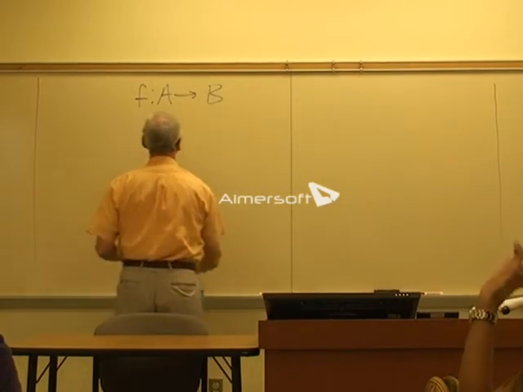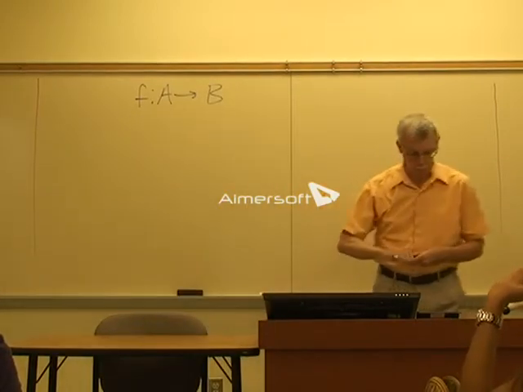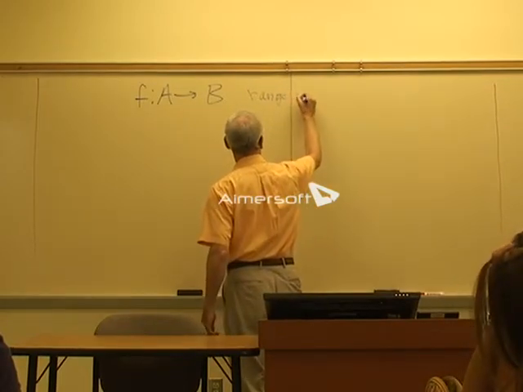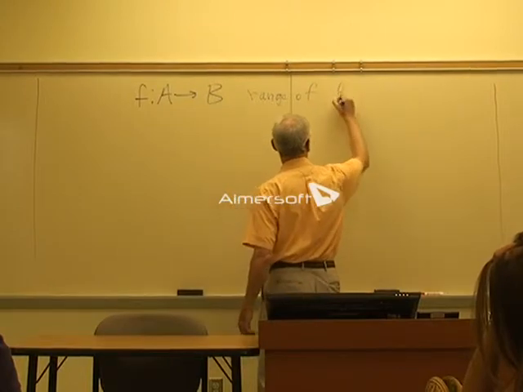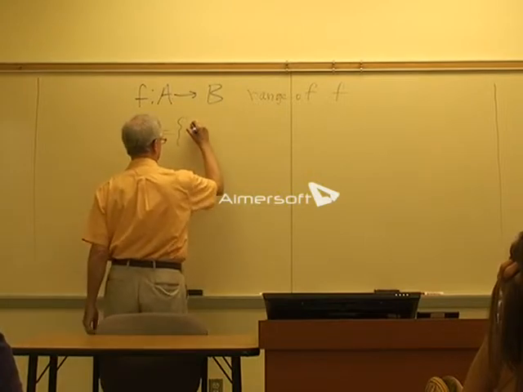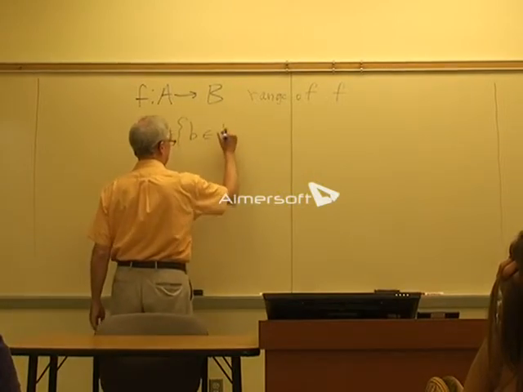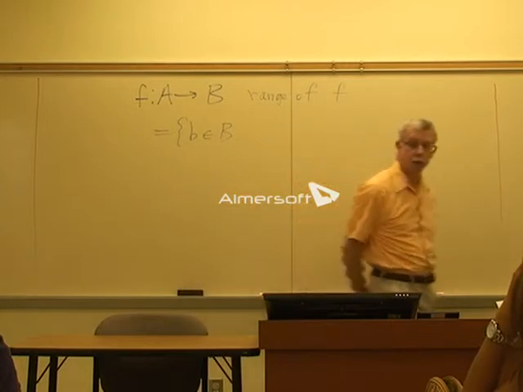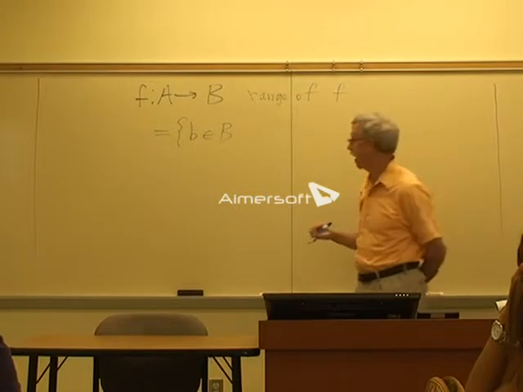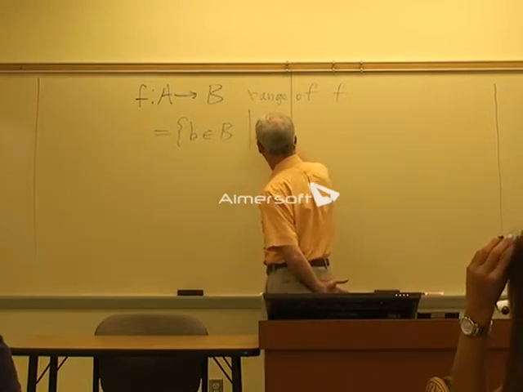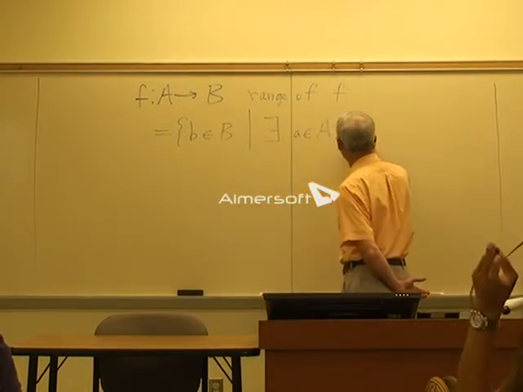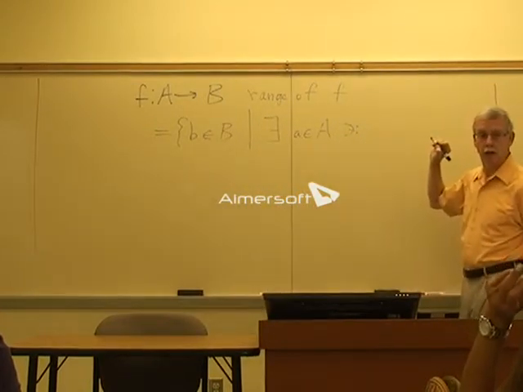So let f be a map from the set A to the set B. We say the range of the function f can be written this way: the set of all elements in B that we actually get to. Well, how would we describe that in terms of the underlying relation? Such that there exists some a in A, that what, in terms of the relation?